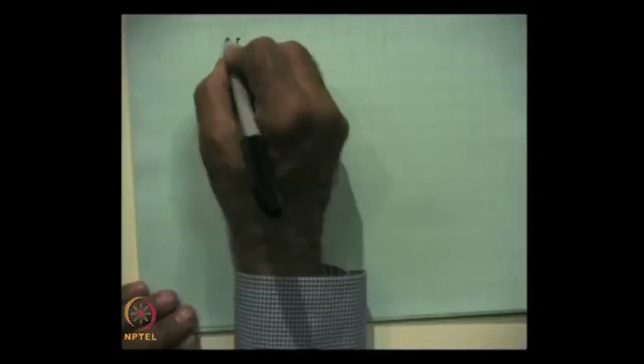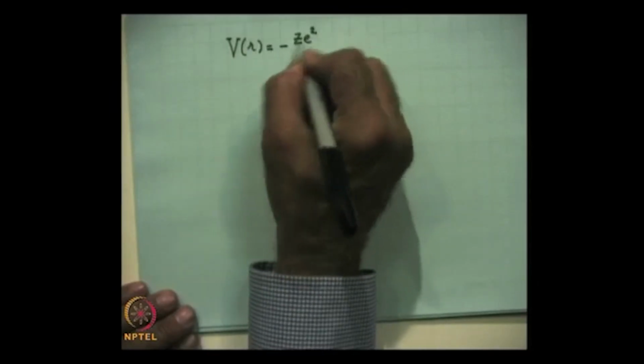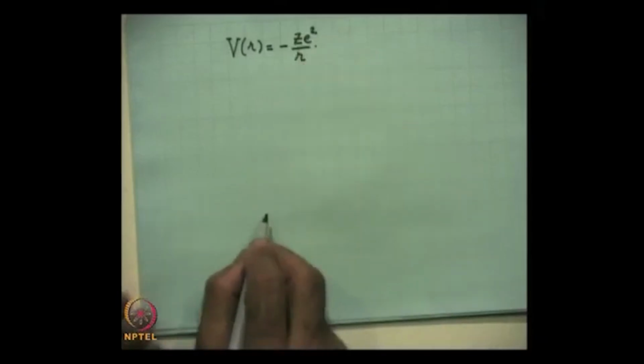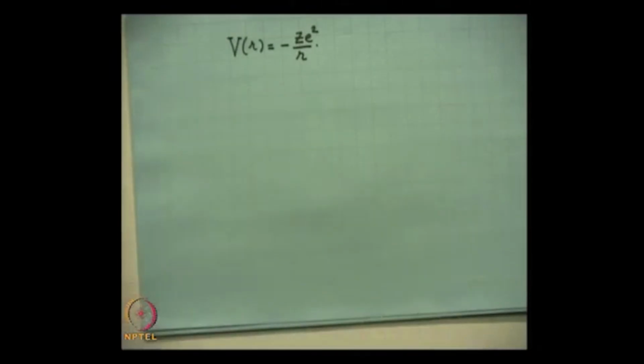Before that, let me summarize. So, therefore, you will have for V of r, V of r is minus Z squared by r, and the wave function will be one describing the translational motion of the total hydrogen atom or hydrogen like atom, the total motion of the center of mass as a free particle, and the internal motion.